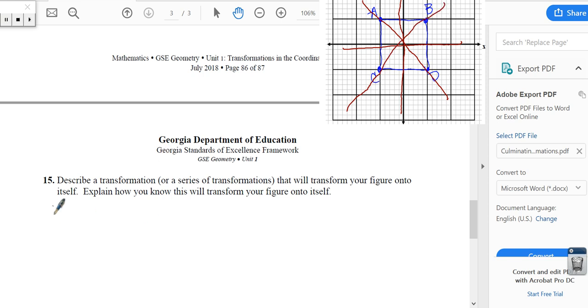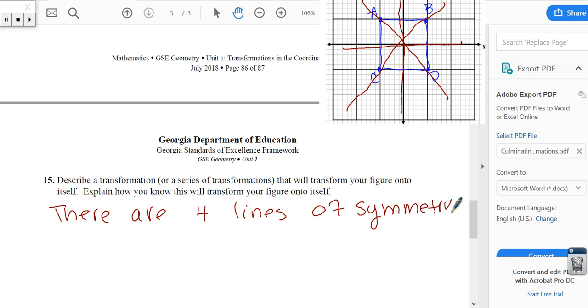So I can say there are 4 lines of symmetry, but there are only 2 you can write, which is the Y-axis and the X-axis. And the ones that are diagonal, don't worry about. You don't know how to write those yet.